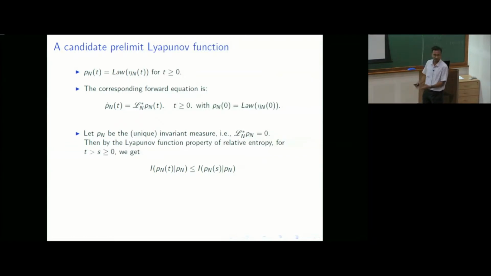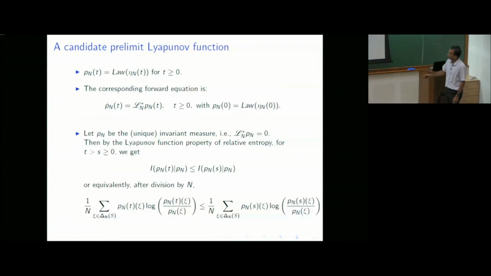So the invariant measure is unique, and it satisfies this rest point equation: L_n star P_n is 0. Then by the Lyapunov function property of relative entropy for the forward equation dynamics, we get that for time t, which is a little later than s, the relative entropy between the distribution P_n(t) and P_n is less than or equal to that between P_n(s) and P_n, where P_n is the invariant measure.